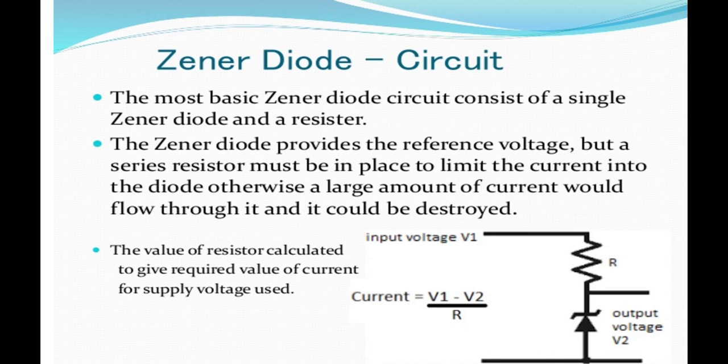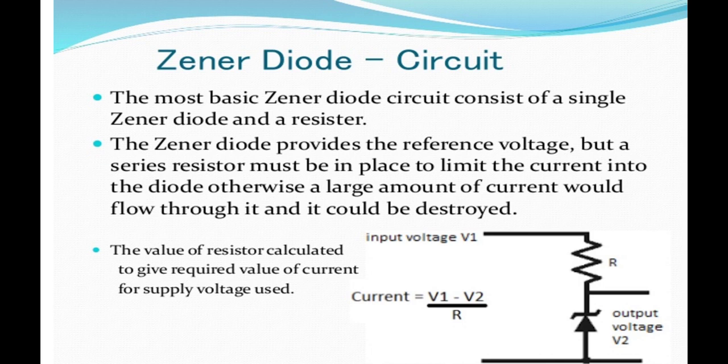The Zener diode provides the reference voltage, but the series resistor must be placed to limit the current into the diode. Otherwise a large amount of current flows through the circuit and the diode will be destroyed. That is why the resistor is used here, to limit the excess current.